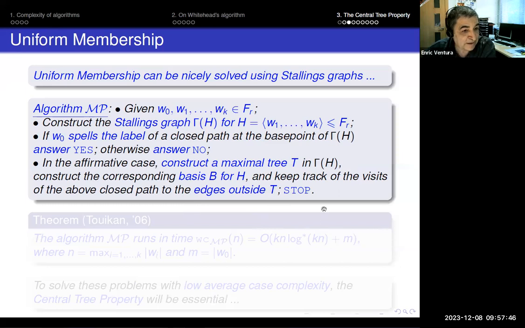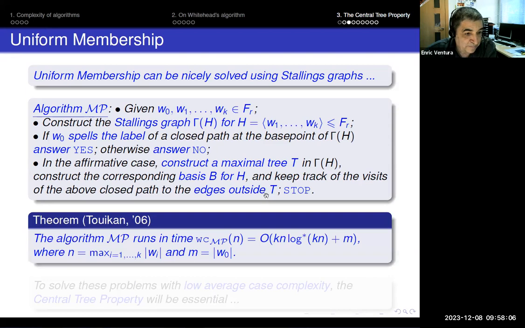If you keep track of this path, you can look at the visits of this path to the edges outside the maximal tree, and this gives you the expression of W0 with respect to this basis B of the subgroup corresponding to the maximal tree. If you follow, for example, Touikan's algorithm to do all these things, this is, I think, the fastest known algorithm to construct these Stallings graphs and run these closed paths.